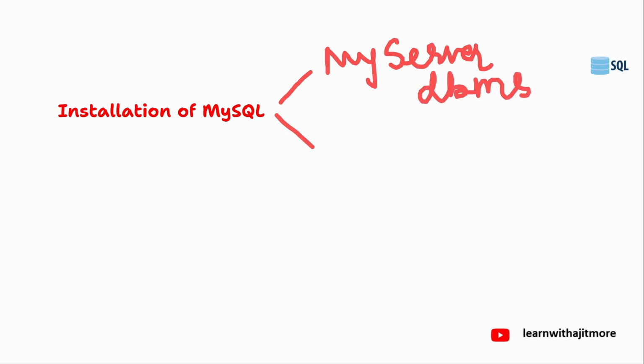It is responsible to take the client queries, check whether the query is correct or not, compile that query, execute that query, make changes in the storage, and generate a response to the client. So MySQL Server is your main database management. It is responsible to run the commands and handle your database.